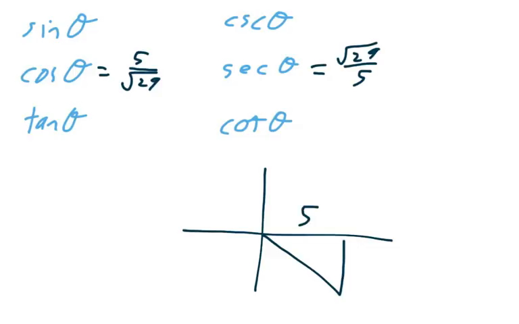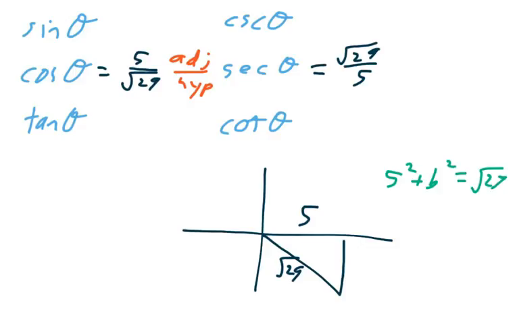Here's 5, and here's the square root of 29, because I know that this has to be the adjacent over the hypotenuse. So if it's not exactly this triangle, it's one that's similar to it. And so I need to once again do my Pythagorean theorem. 5 squared plus b squared equals the square root of 29 squared.